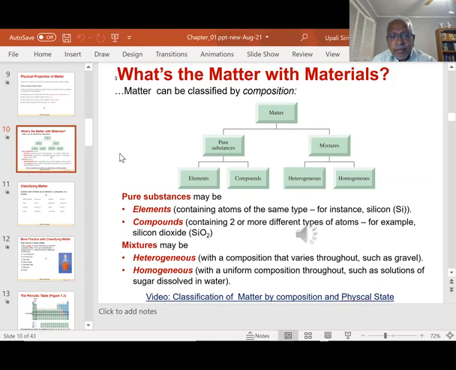Mixtures may be heterogeneous, with composition that varies throughout the sample, such as gravel. If you take a piece of gravel, it has different regions, different minerals. It's a complex heterogeneous mixture. Homogeneous mixtures have a uniform composition throughout, such as a sugar water solution.